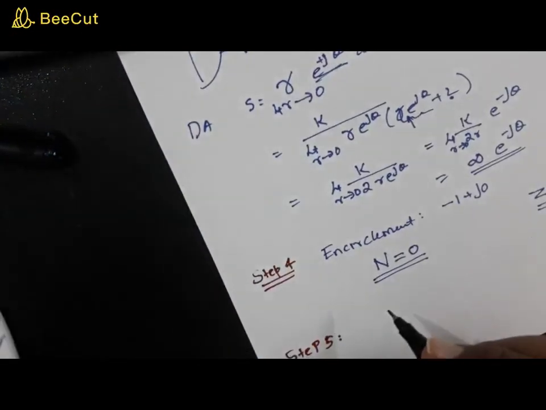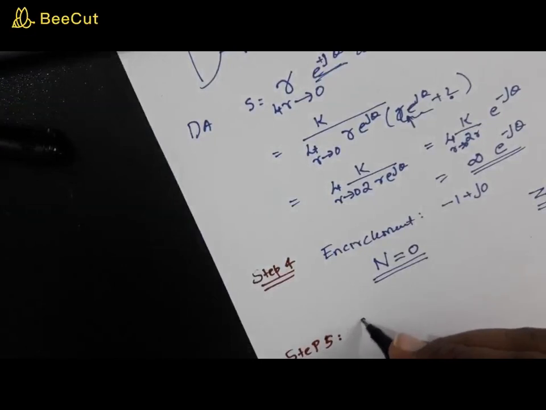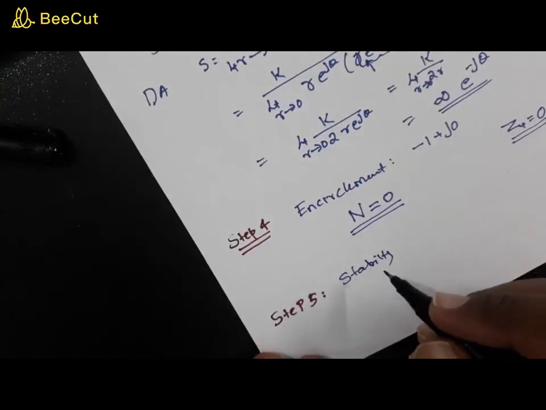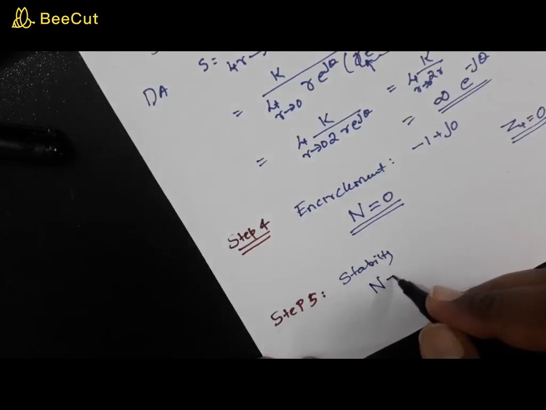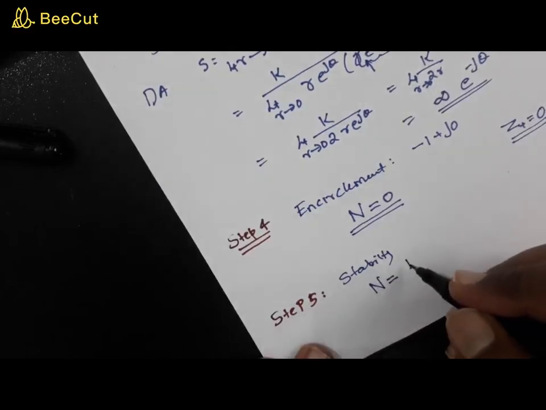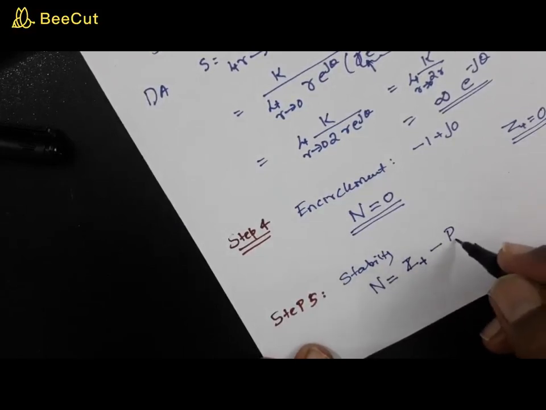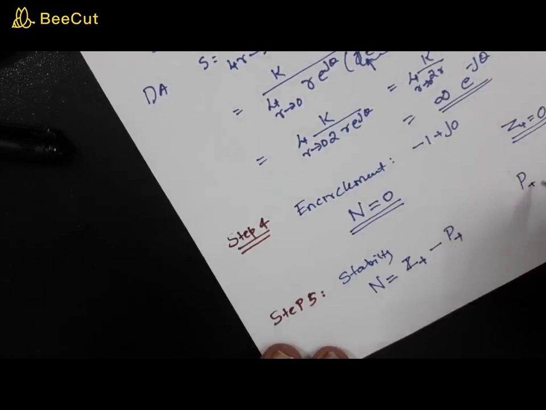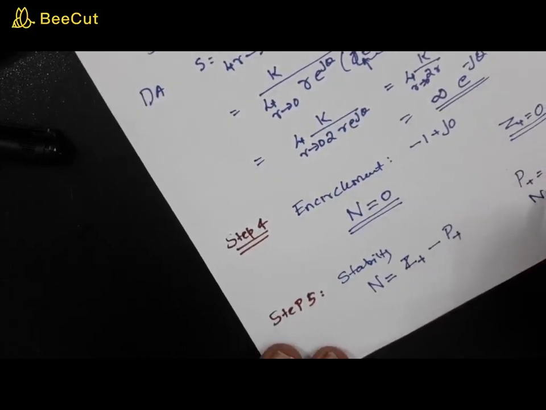Here you apply the principle of argument. We have the Nyquist criterion as N is equal to Z plus minus P plus, right? We know that P plus is equal to 0, and N is equal to 0.